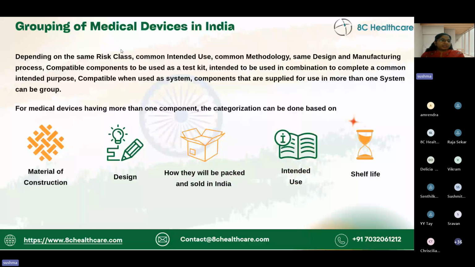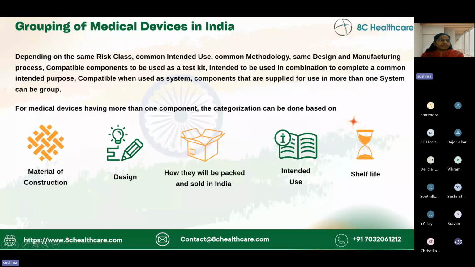For example, consider an orthopedic product where one component has a material of chromium and another component has titanium. Even though both can be tibial components or femoral components, and might have the same design, if the material of construction varies, then the product will be considered different, and a separate fee has to be paid for that component.